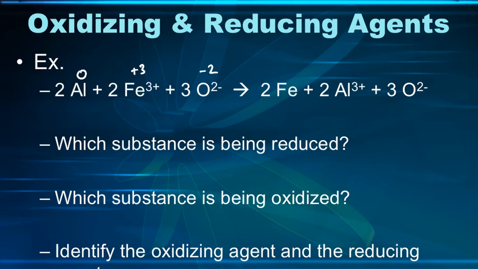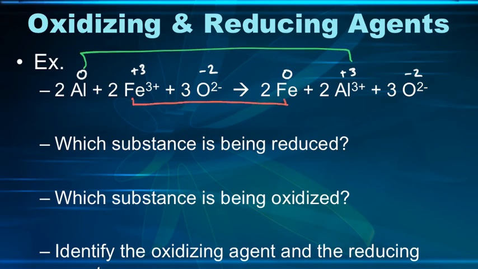And then on the right side, the iron now has a charge of 0 as an element. The aluminum has a +3 charge, and the oxygen is still -2. So let's see what changed. The aluminum goes from 0 to +3, and we see that change in color here. The iron goes from +3 to 0.